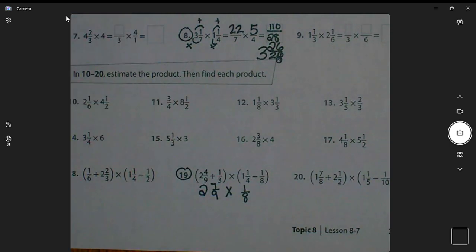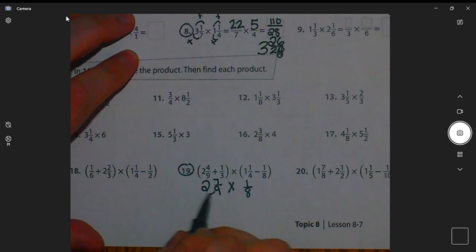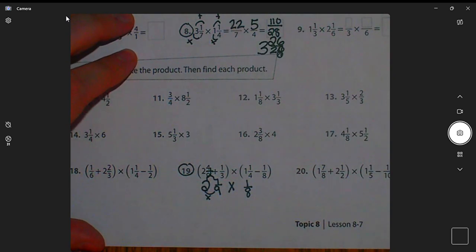Now, that looks like a problem I know I can multiply out. What do you think? So, step 3, multiply it. Again, I have to multiply, then add. 2 times 9 is?